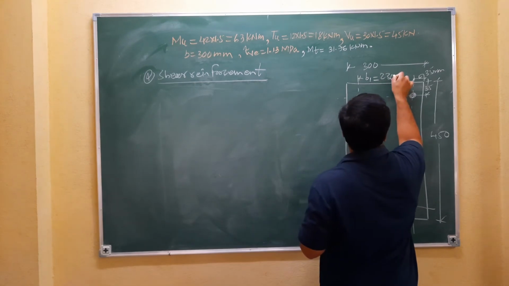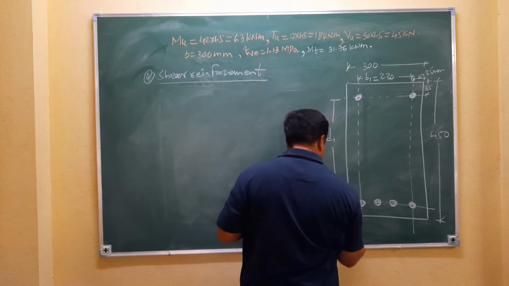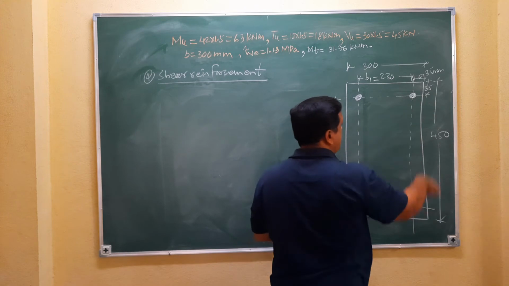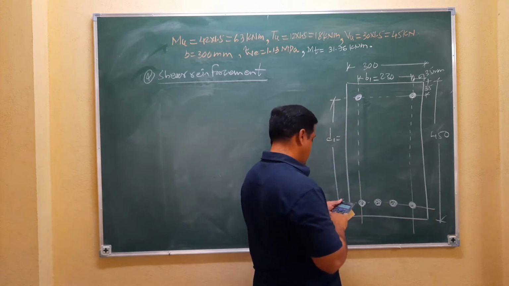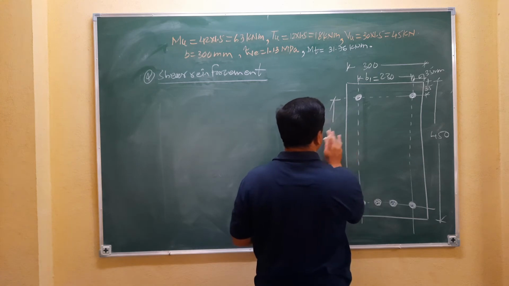And what is the D1? D1 is 450 minus 70. It is 380. I will write here.